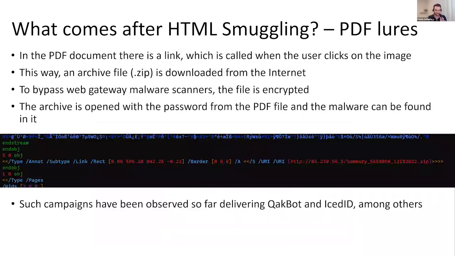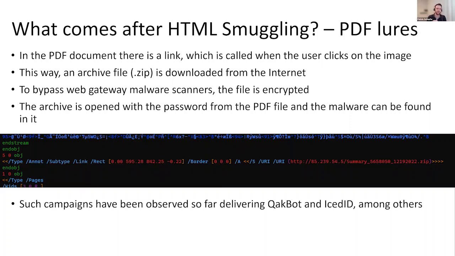When we analyze the PDF document, which can be seen in the image, we see that there is a URL within the document. If the user clicks the button, the URL gets opened, and the URL downloads a zip file, in this case the summary something something zip file. This zip file is encrypted, and this has a particular reason, because if you download an encrypted zip file, the web gateway detection may not trigger, because the web gateway cannot look into the archive file.